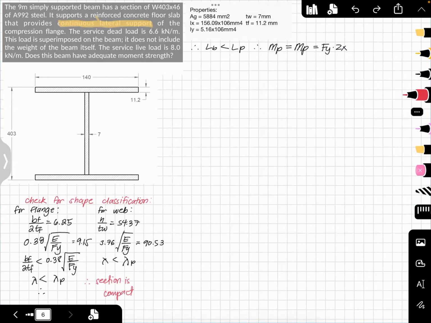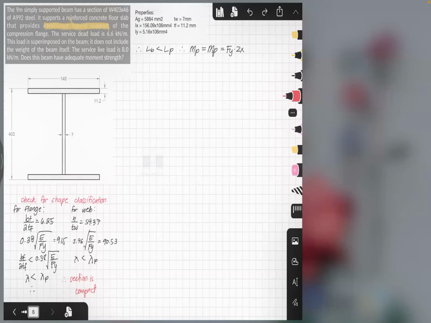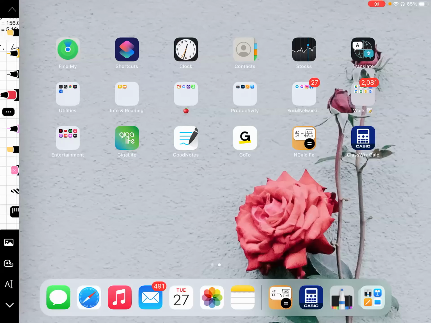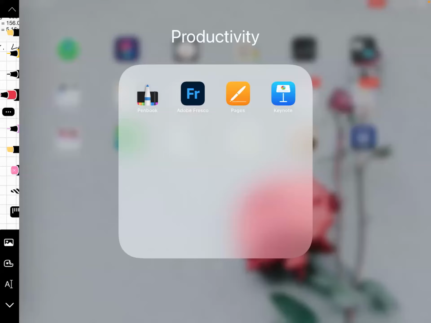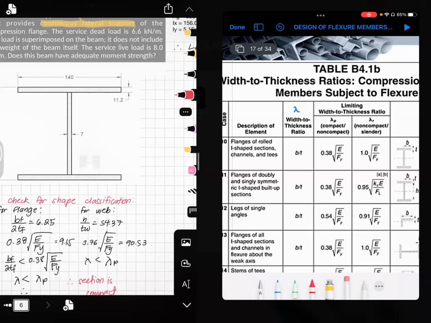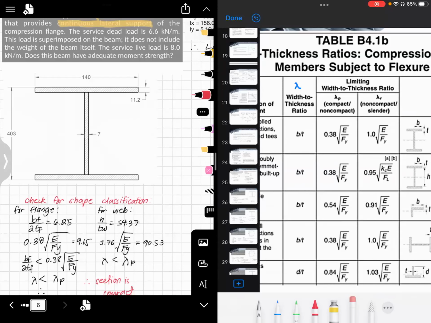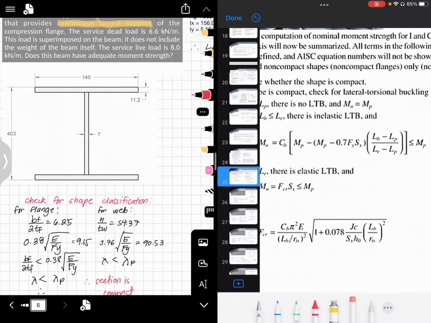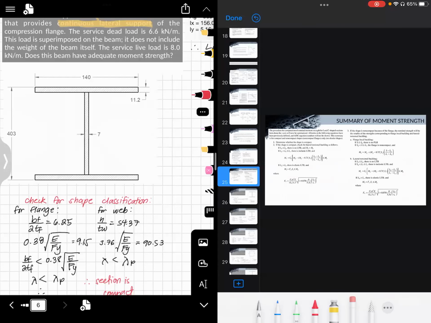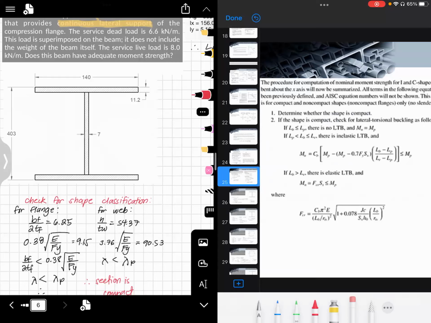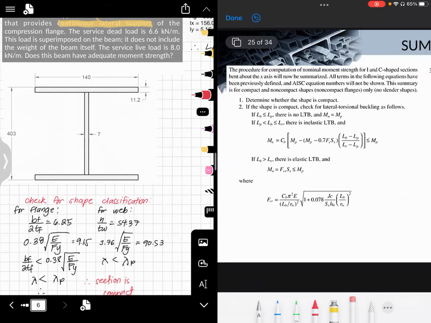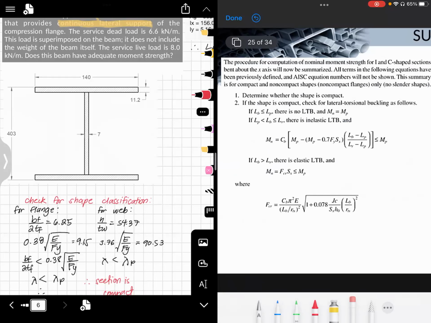So, since compact siya, we will refer to this. Punta tayo dun sa summary. Ito. So, kapag compact siya, we will make use of this. So, if the shape is compact, check for the lateral torsional buckling.